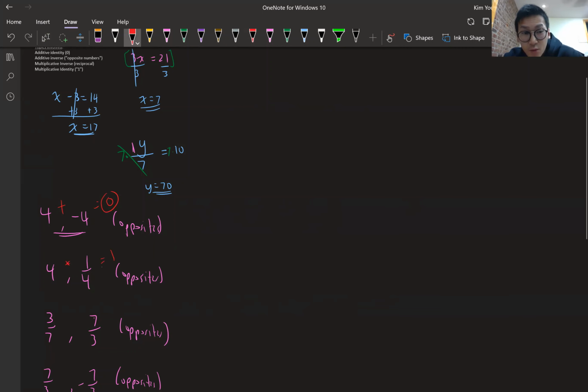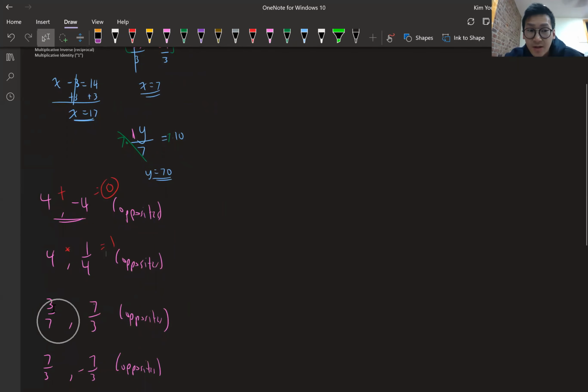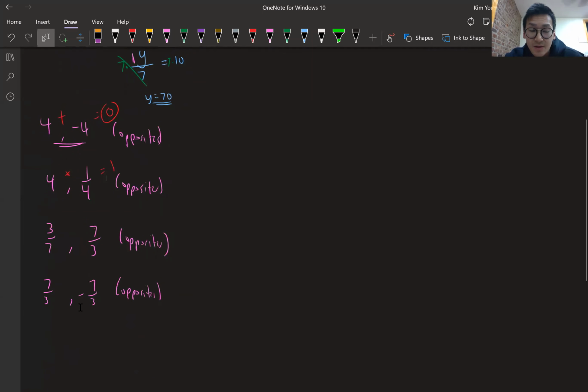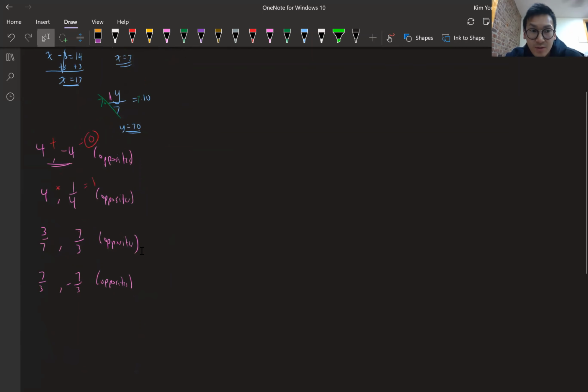Similarly, 3/7 times 7/3 is 1, the multiplicative inverse. Lastly, 7/3 and -7/3 are called additive inverses, actually. That's more proper to use. And these are multiplicative inverses; sometimes they use the word reciprocals.